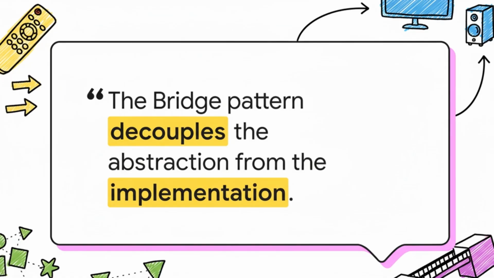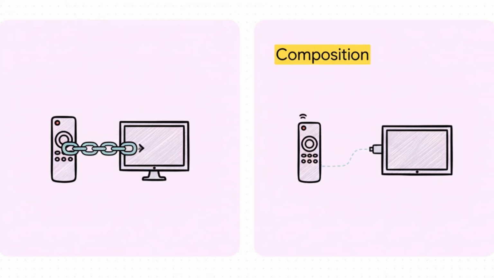We have to break the link between the remote control, our abstraction, and the device, our implementation. And the way we do that is by making a really important mental shift. We move away from thinking in terms of inheritance, and instead we start thinking in terms of composition. This is the fundamental difference, the real game changer.